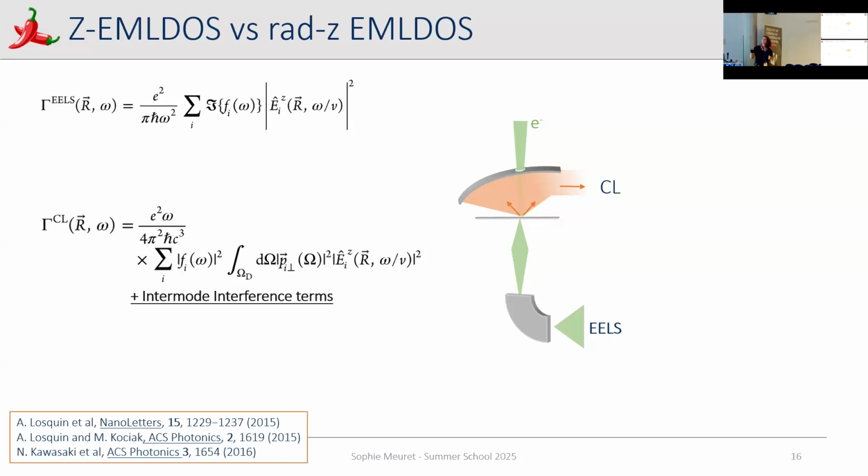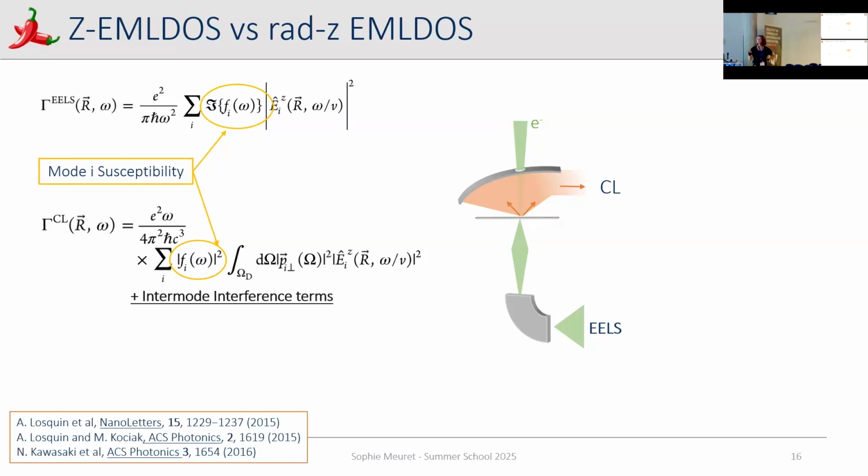And you can already see the difference. First, here we have the imaginary part that we discussed before, and this time it's the modulus. So it's the same mode susceptibility, but before we were looking at the imaginary part, which is why we were looking at optical extinction, while here we are looking at the modulus of the susceptibility. And therefore, this is why we are only looking at radiative modes and coupling to the far field.